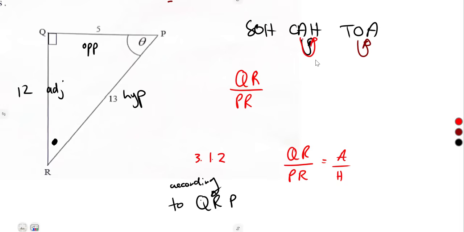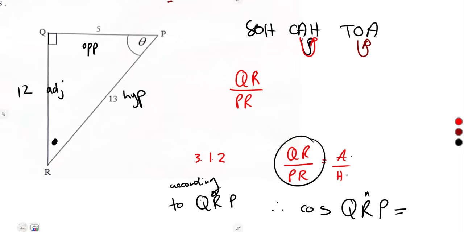Adjacent over hypotenuse is from what? From cos. So therefore, it is the cos of this angle, QRP, which is going to give us adjacent over hypotenuse, which is QR over PR that you're given. So you name the sides according to the angle. This was according to angle what? QRP. So you are going to have this answer.